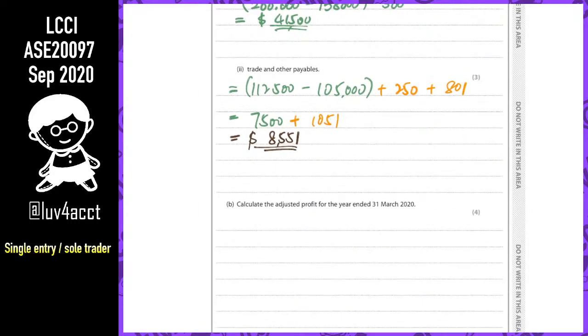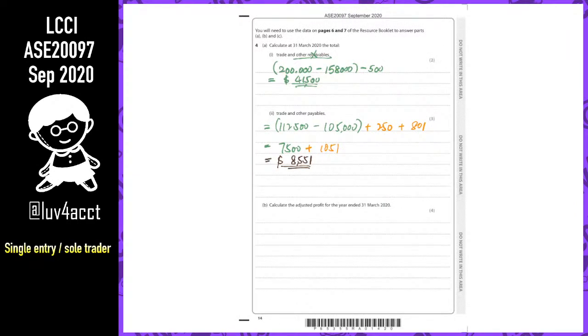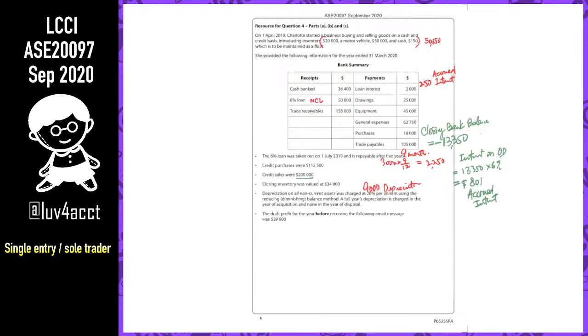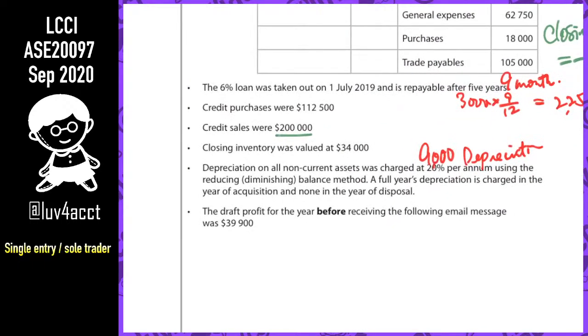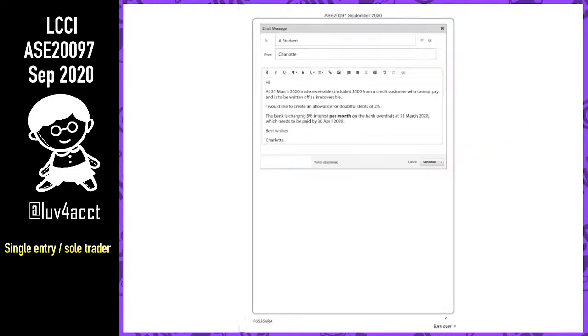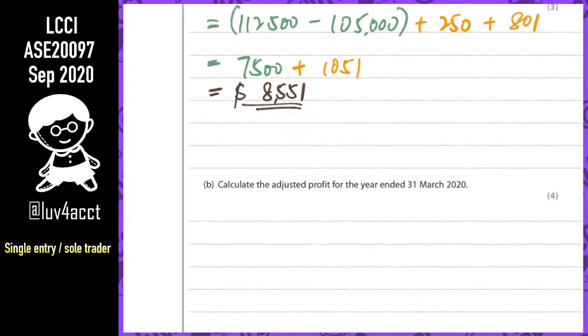Adjusted profit. We'll start from the unadjusted profit first, 39,900. Then two adjustments from the email. The first one is an irrecoverable debt, so it will reduce the amount of profit.